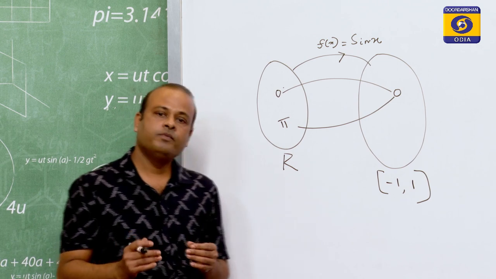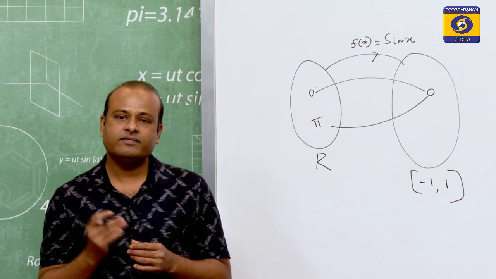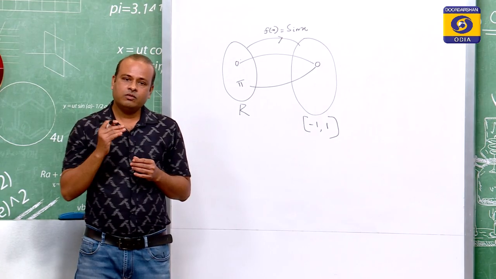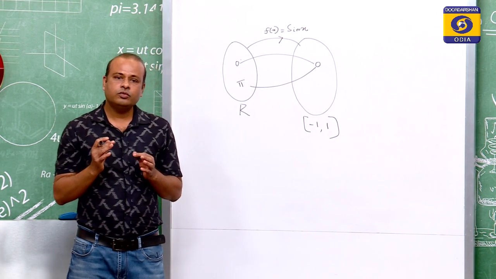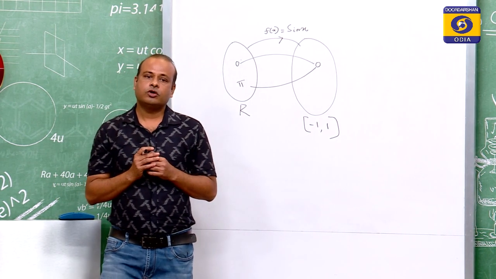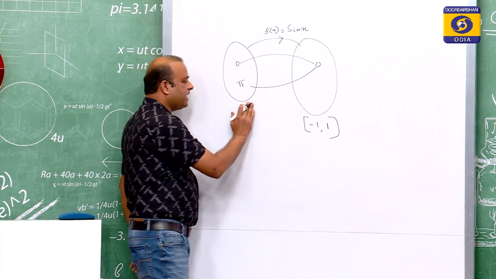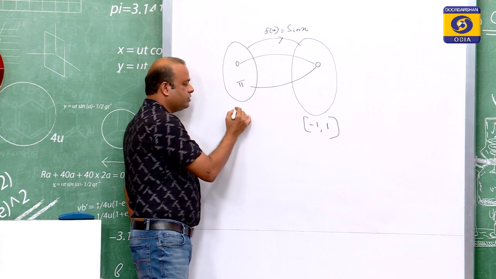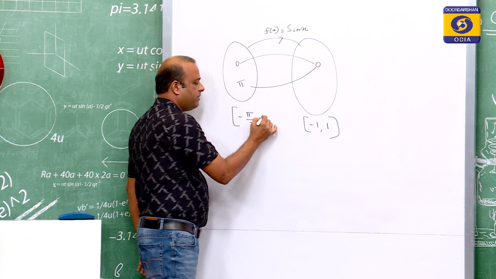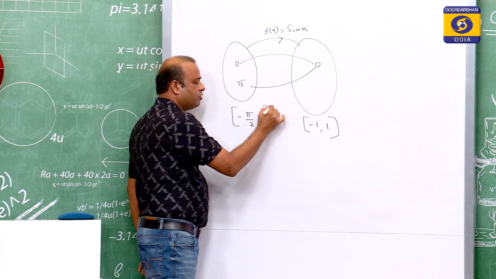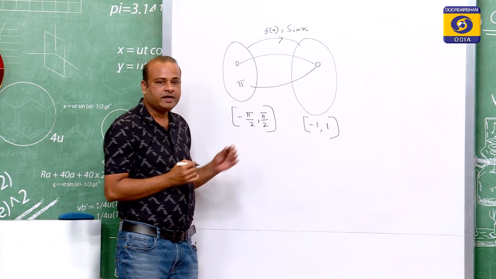So, to make the function f(x) = sin x bijective, that is one-one and onto, we have to reduce the domain from R to the closed interval minus pi by 2 to pi by 2.